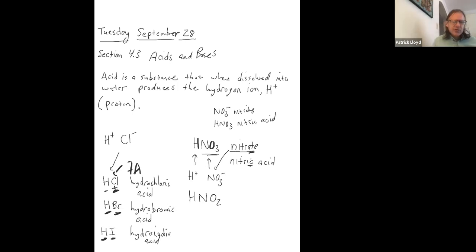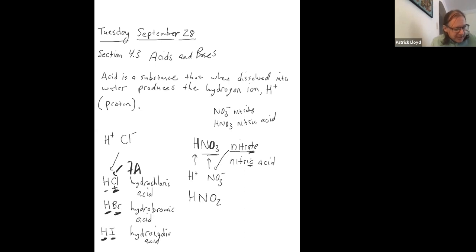Now, this next one over here, it also has a polyatomic ion with nitrogen and oxygen, but it only has two oxygens. And there is a system to this. The system is, if you take an oxygen off, the polyatomic ion changes its name from ate to ite. Okay, so if you have three oxygens and that's ate, two oxygens would be ite.